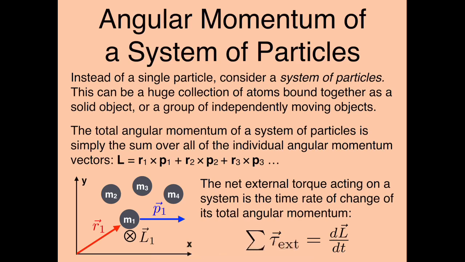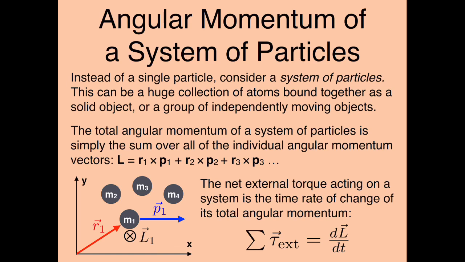That's all that matters. Okay, so the total angular momentum of a system of particles would simply be the sum over all of the individual angular momentum vectors. So if L is the total angular momentum of our system, well, that would be the angular momentum of the first particle, which would be r1 cross p1, and then add that to the angular momentum of the second particle, which would be r2 cross p2, and then add that to r3 cross p3, and keep doing that until you've included all of the different particles.